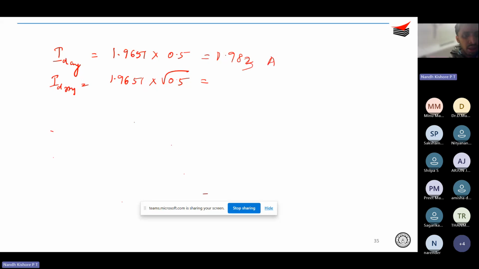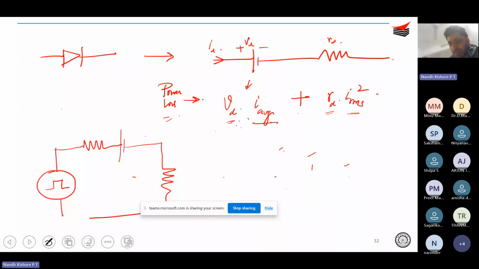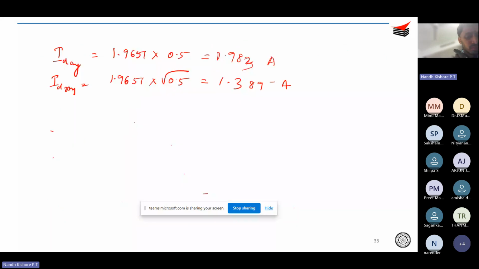0.983 amps, and ID RMS is... Okay. So with this information, we can calculate what is the power loss, right? Power loss is VD into ID average plus IRMS square into RD.